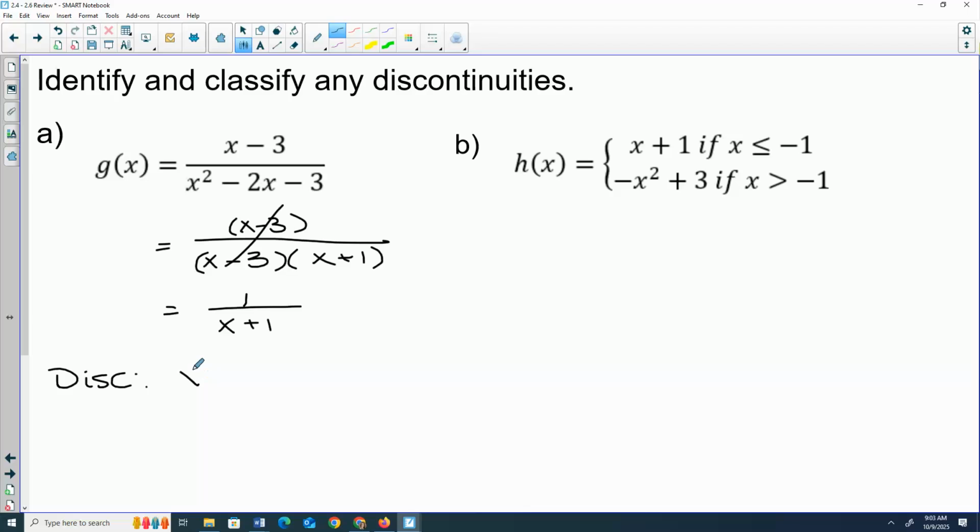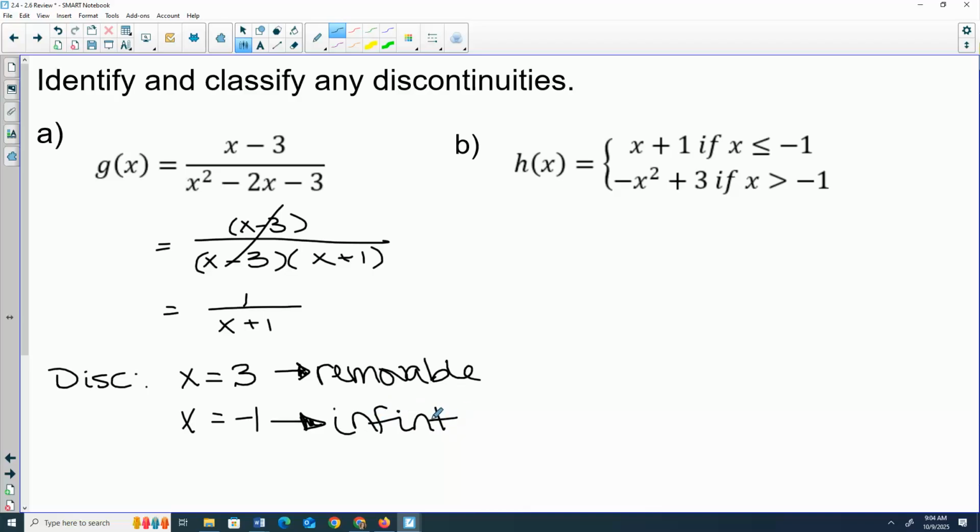Even though it canceled, that's still a place where it's discontinuous. When x is 3 and when x is -1. Because the 3 canceled, we know that makes a hole on the graph. So what kind of discontinuity is it? -1 did not cancel, so that means it's an asymptote. So what type is that? Okay.